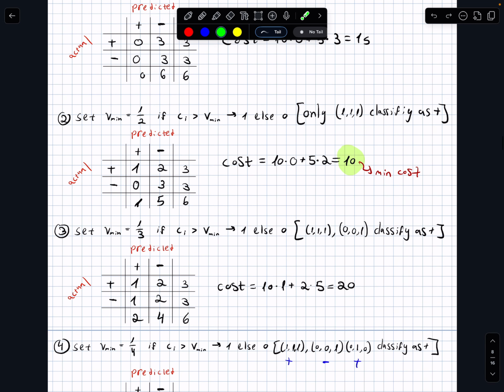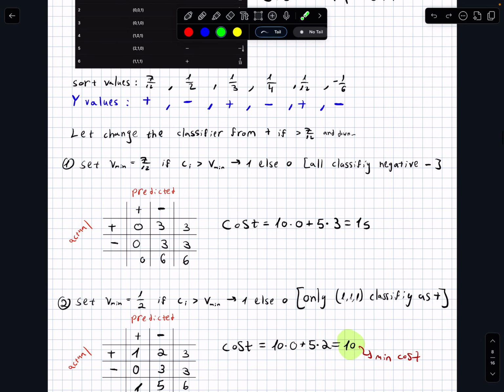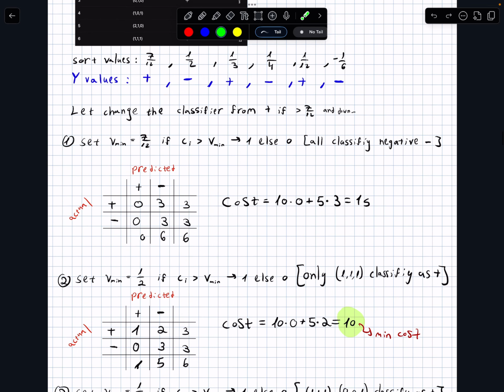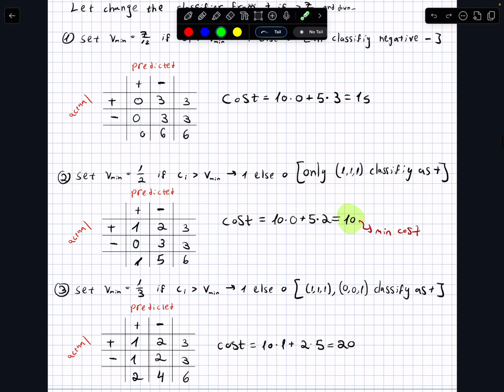Now we're going to change the cutoff again to half. If we change the cutoff to half, then only 7 divided by 12 is classified as positive, and it is actually positive.